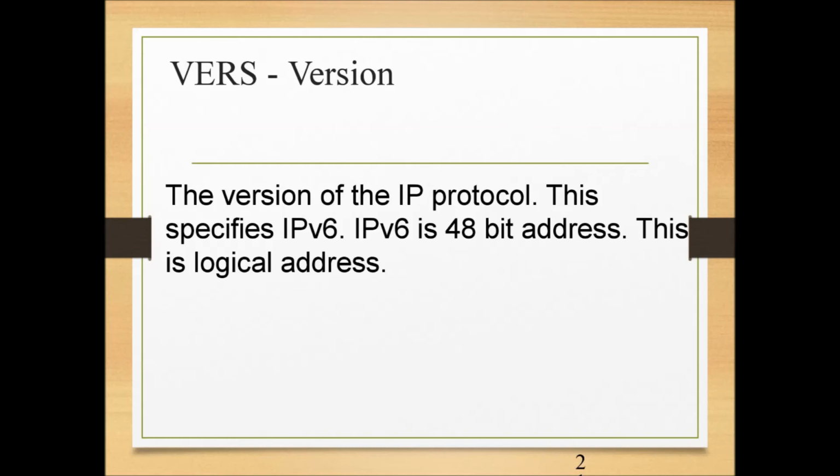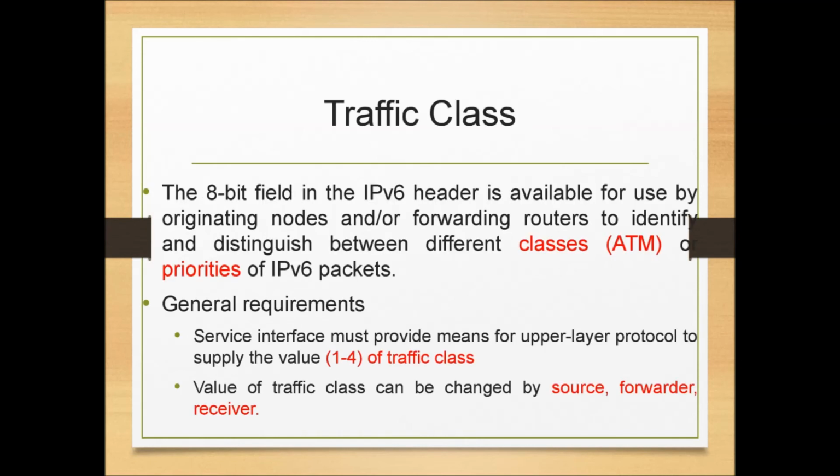So dear students, the first difference between IPv4 and IPv6: IPv4 was a 32-bit address and IPv6 is a 48-bit address. So this is a major difference between IPv4 and IPv6.